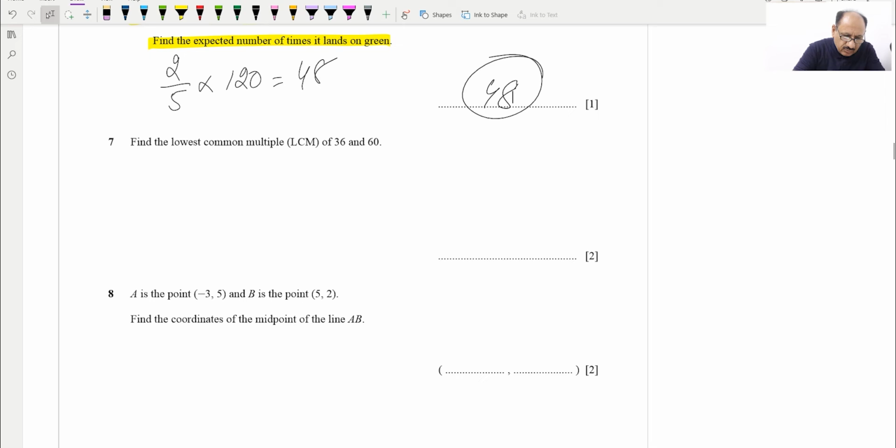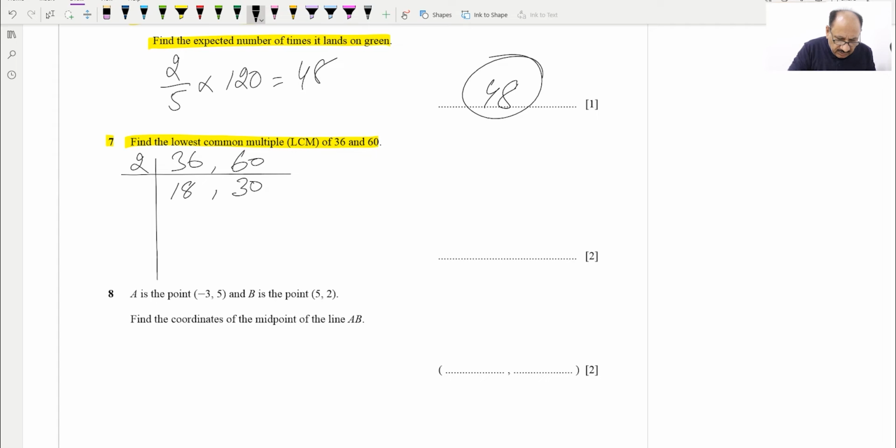Then question number 7 says find the lowest common multiple, LCM, of 36 and 60. For that we will use the division method, and we can form the division table like this, and we write 36 here. If you don't know the method, then you can focus on this. 2 18s are 36, and this will be 30, and next again we can divide by 2, and this will be 9. 2 9s are 18 and 15.